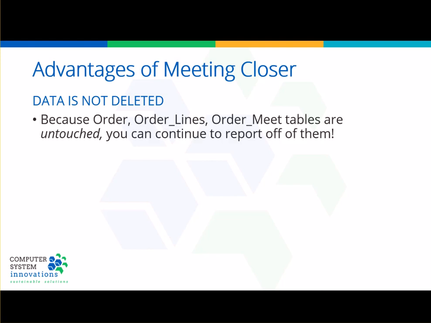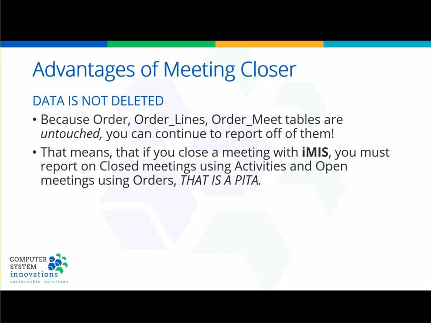Like I said, no data is deleted. And that is really important because think about this right now. If you want to report off of closed and open meetings using iMIS and you have closed the meeting using iMIS, you've got to look at both the activities table and the orders table, because the activities table has all of the closed event information and the orders has all the open.